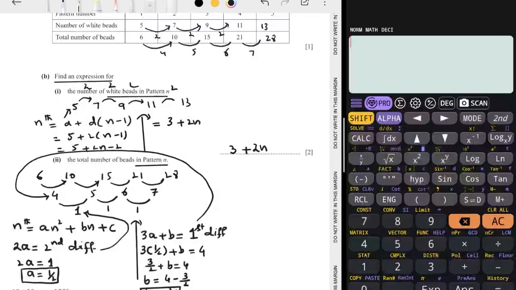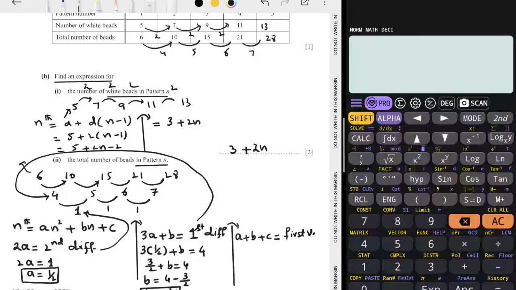This is the value of b. Now we have to find the value of c. For that purpose, you have to learn one more equation, that is a plus b plus c is equal to the first value of the sequence, that is 6.